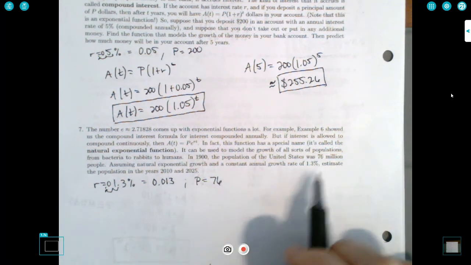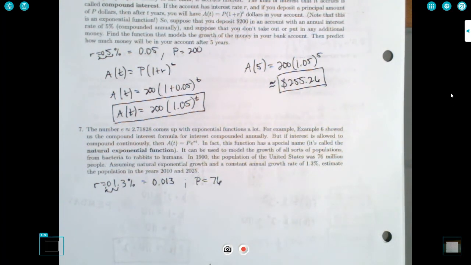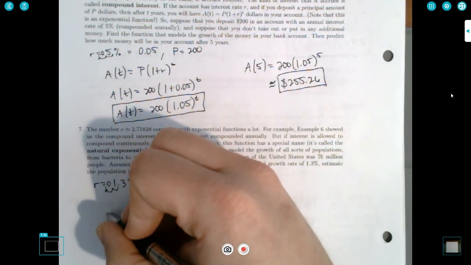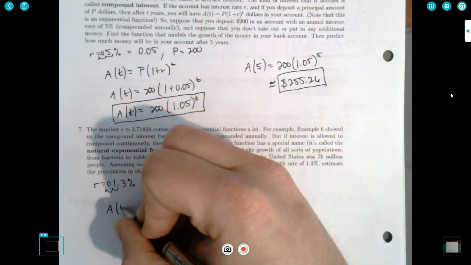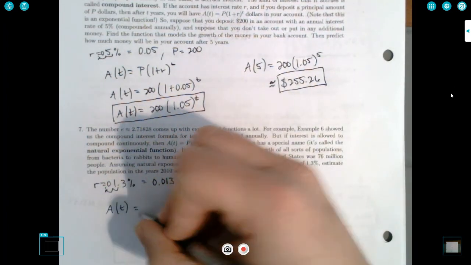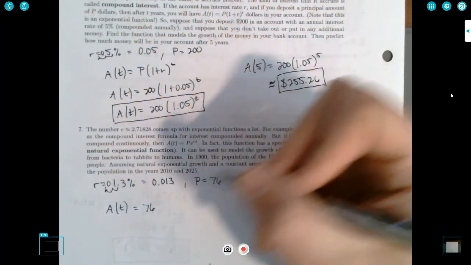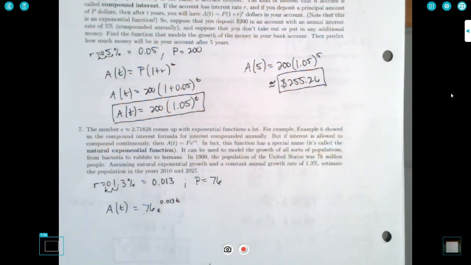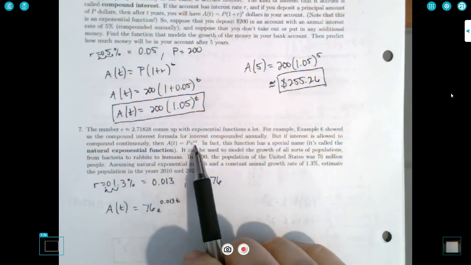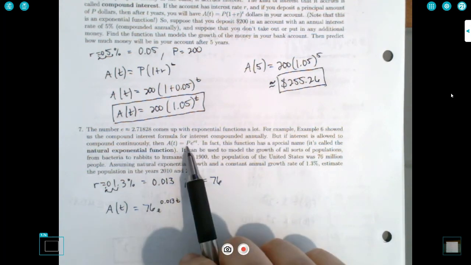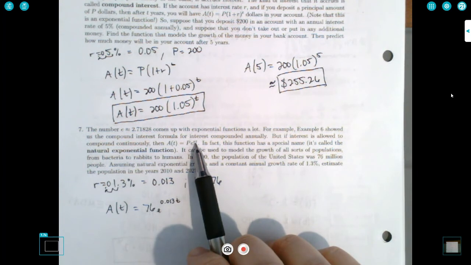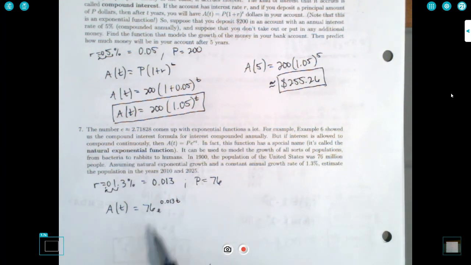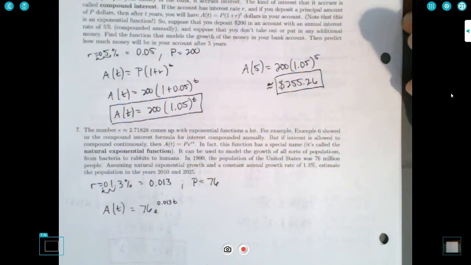And I'll know that my answer is going to be in millions. So the population at time t is going to be 76 times e to the 0.013 times t, right? I'm just following this formula and plugging in P equals 76 and r equals 0.013. Remember that e is just a number, and you can find it on your calculator somewhere.